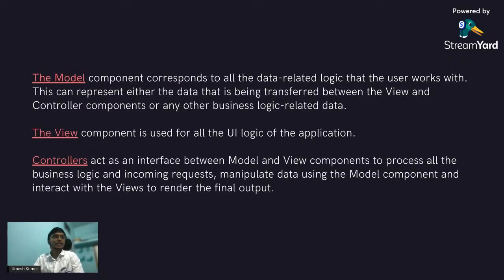The next, we can see Model View Controller. What does model basically mean? It is a data access layer which will connect to different data that is needed for our app, and it will have all the data-related logic, like all the API calls and other logical functions, present in the model part. And the view is the presentation layer, and you can interact with the app through the view only.